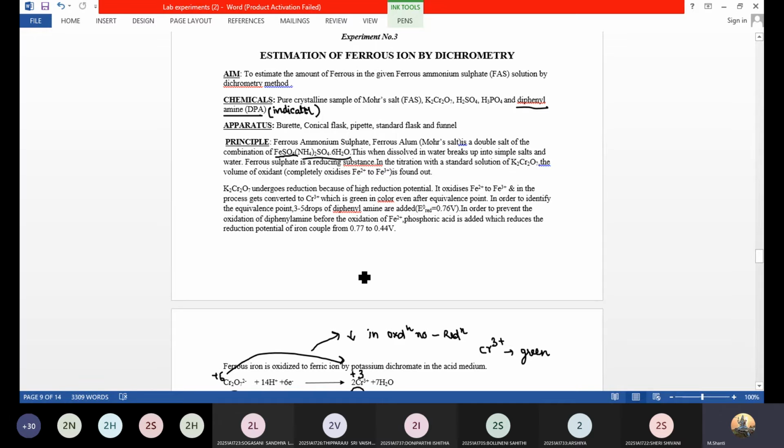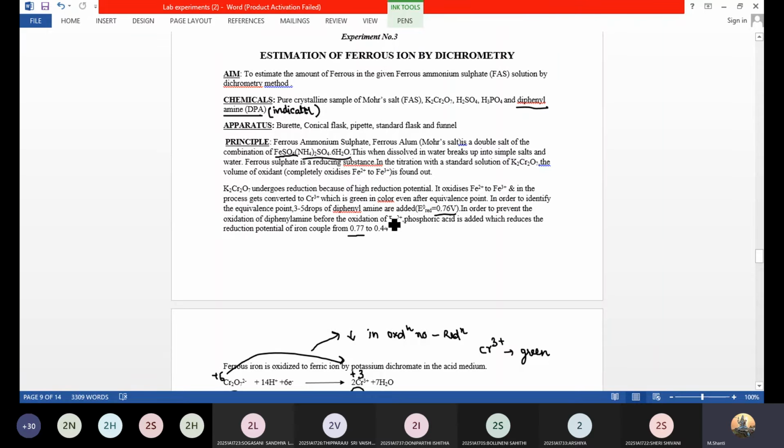If you see here, what is the reduction potential of diphenylamine? It is 0.76 volts. And the reduction potential of the iron couple is 0.77 volts. Whose value is high among these two? Diphenylamine is having 0.76 and iron is having 0.77.